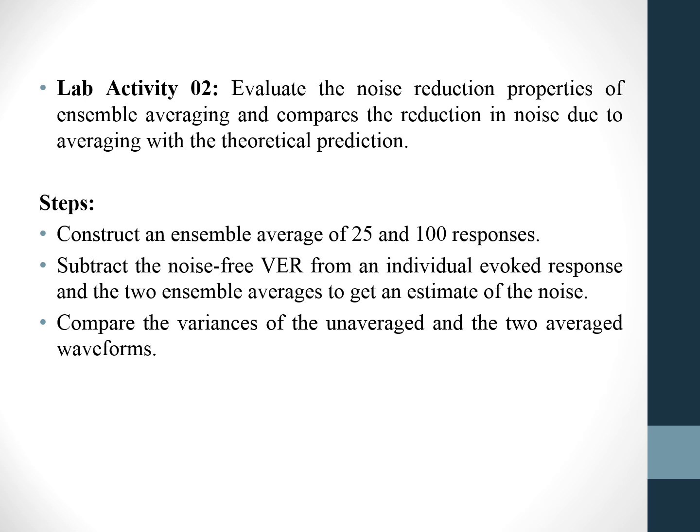And then we will subtract the noise-free visual evoked response from an individual evoked response and the two ensemble averages to get an estimate of the noise. After this, we will compute the variance and compare the variance of the unaveraged and the two averaged waveforms. This will help us to evaluate noise reduction properties of ensemble averaging.